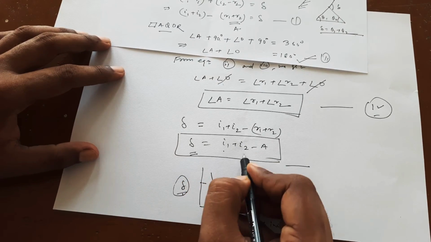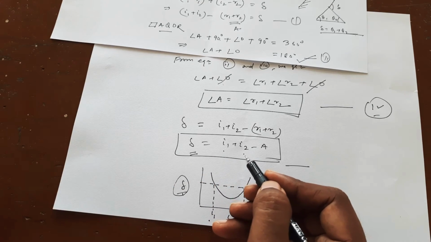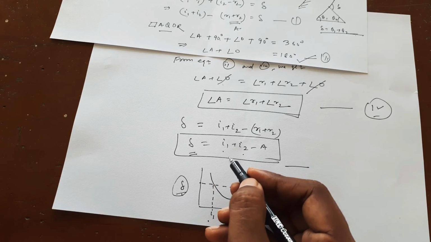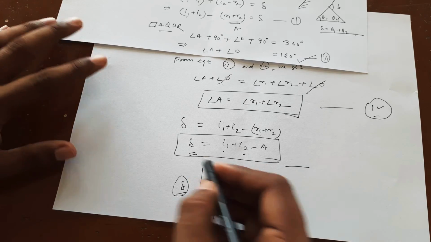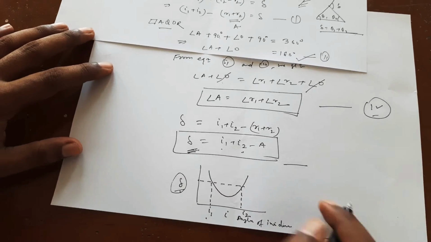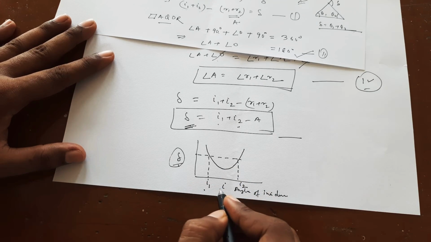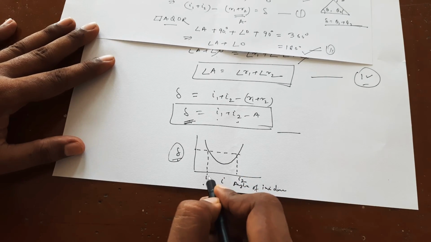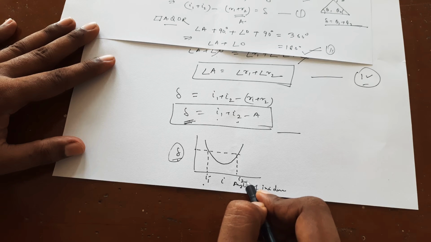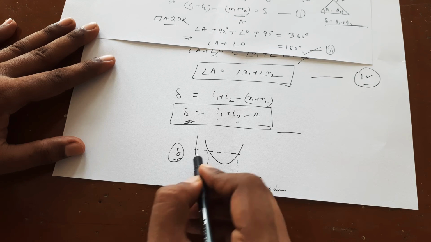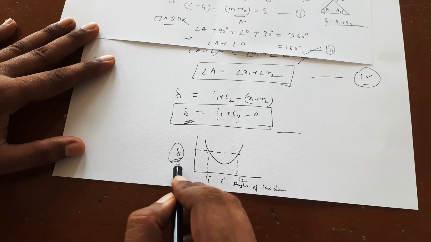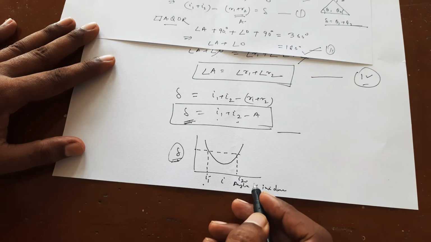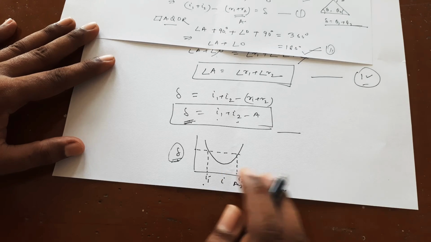So if in place of I1 I put I2 and in place of I2 I put I1, the delta value is not going to change. And that's why here we are finding that if one is the angle of incidence, the other one is the angle of emergence. And for a certain angle of deviation, we are getting two angles of incidence, or you can say angles of emergence.